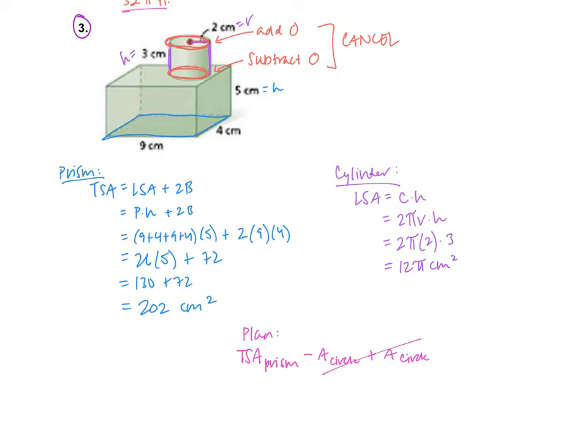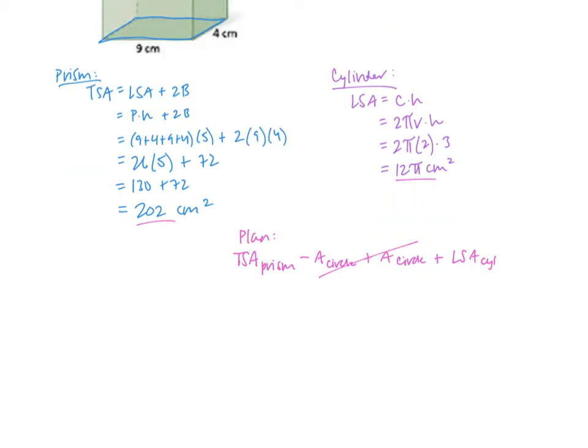Again, we don't have to include that. I'm just showing you that for the future. But then we're going to add in the area of that cylinder. So that's the lateral surface area of the cylinder.